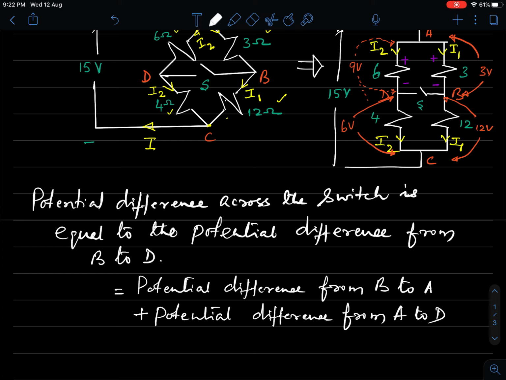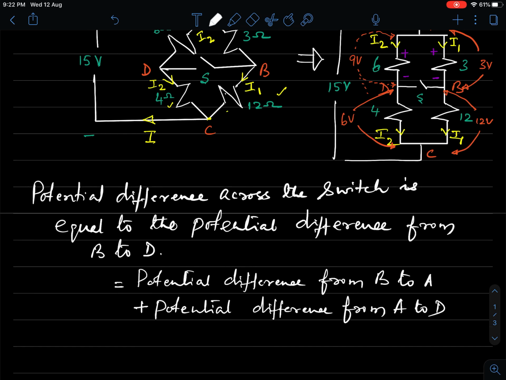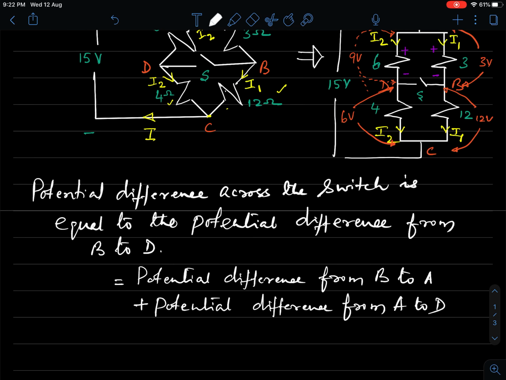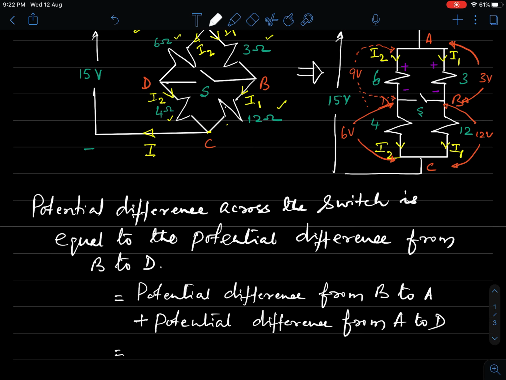It will give the potential difference across the switch, or the potential difference between D and B. Now if we have to traverse this path, we will see the potential difference across B and A.